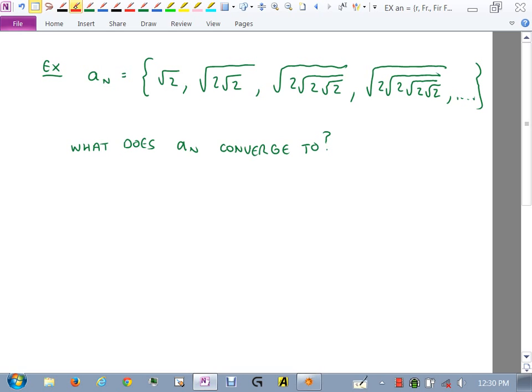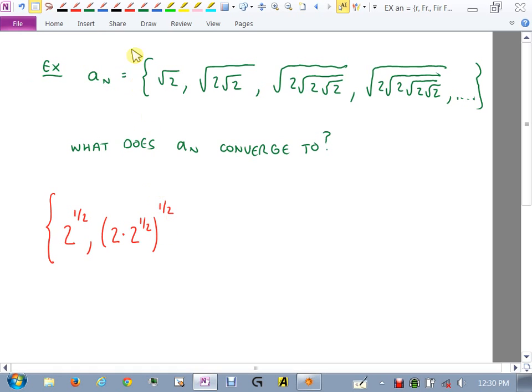So our best chance at this is to rewrite this. I'm going to totally give this away, but I just want you to see how this is done. Do you agree with this? This is 2 to the 1/2. This is 2 times 2 to the 1/2, all of that to the 1/2. The next one would be what?